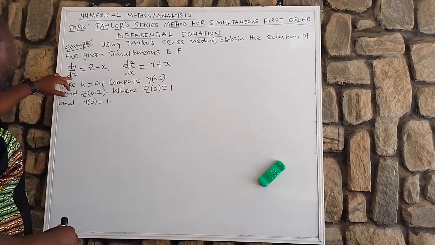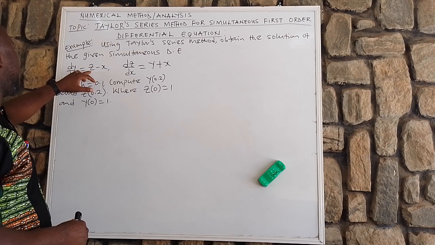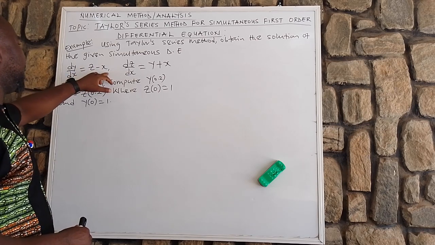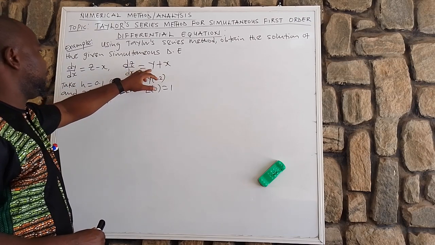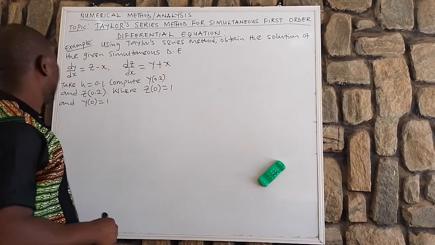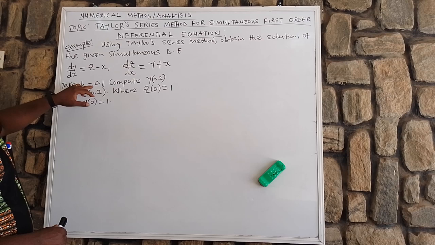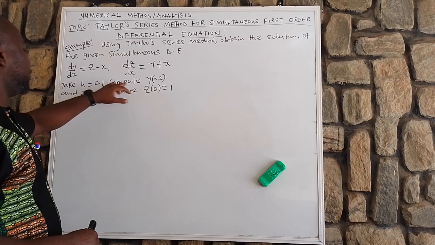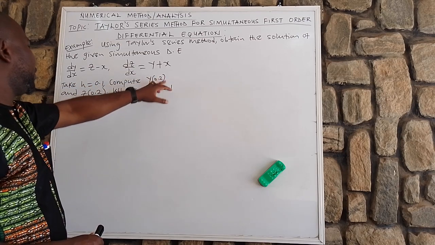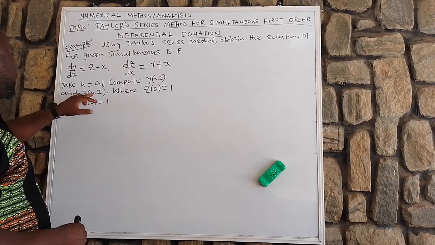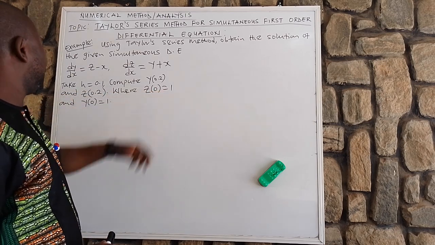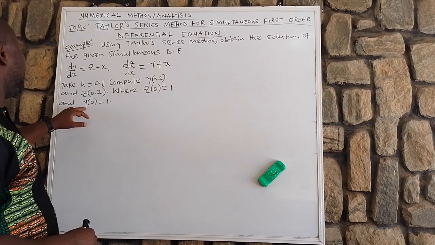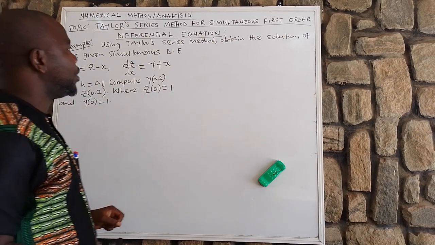We have here dy over dx equals z minus x, and dz over dx equals y plus x. Take h equals 0.1, compute y of 0.2 and z of 0.2, where z naught equals 1 and y naught equals 1.